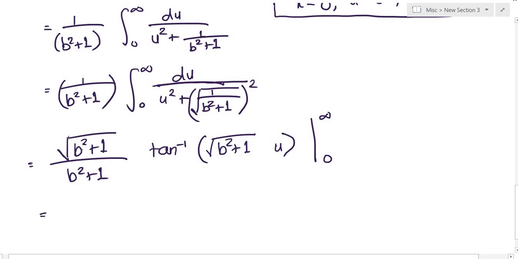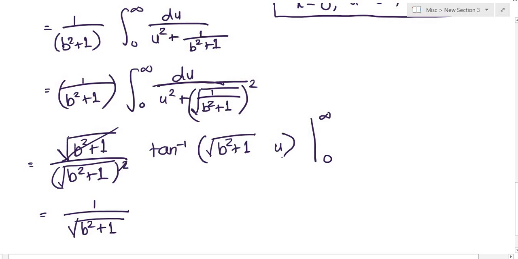So we can actually simplify this a lot, because a single term is nothing but the square of the square root, right? So if you can imagine, one of these terms cancels out and we just end up with 1 over the square root of b squared plus 1.